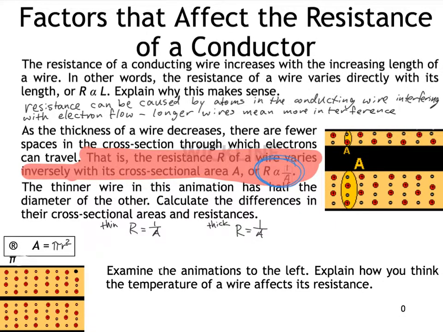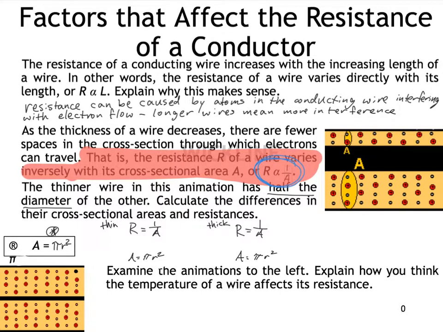So I have a ratio set up for the thin wire and the thick wire. I'm going to need to calculate their areas because I just noticed in the question that it actually only said that we have half the diameter, which is not exactly the same thing as area. So I'm going to use this equation down here to calculate the areas based on the diameters.